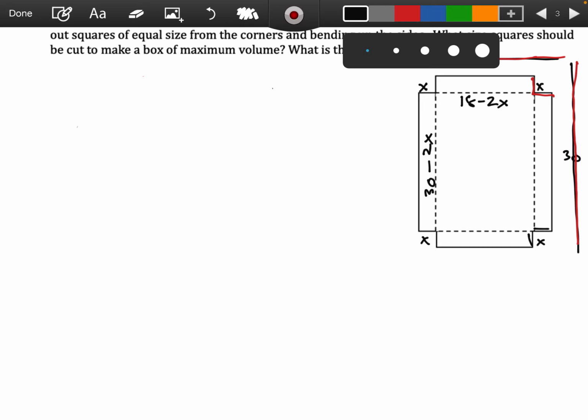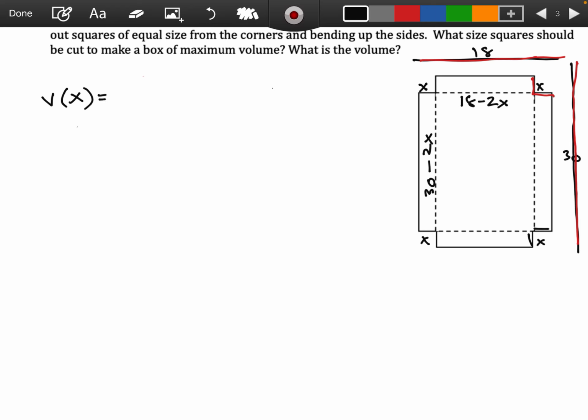Well, for volume, we need length, width, and height. Okay, the first one, we know that we're cutting out the box, and that's going to give us height is going to be our x, because that's the piece we're going to fold up, right? We know that one of the sides is 18, and those 18 inches, you can't put 18 on it though.